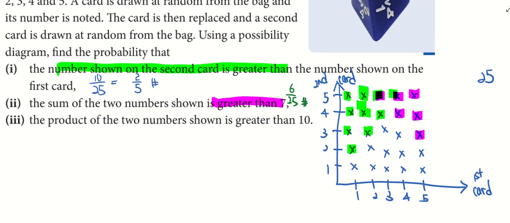The product of the two numbers is greater than 10. Can it be 10? The minimum must be 11. Let me do the counting. I need to start from here. 3 times 3 is 9, cannot. But I can do 3 times 4, 3 times 5, 4 times 3, 4 times 4, 4 times 5.